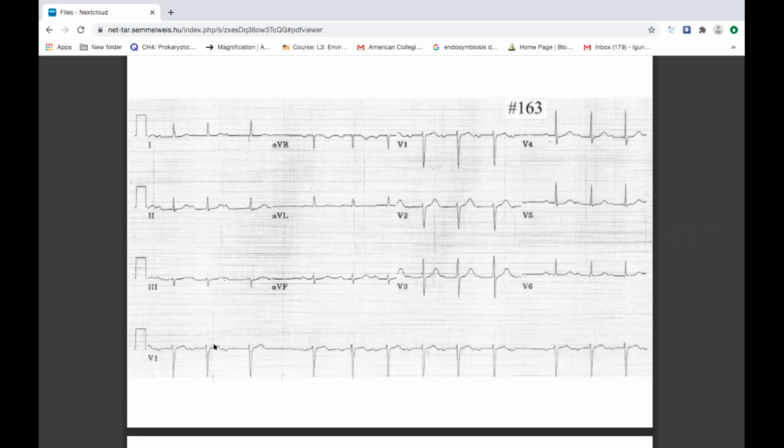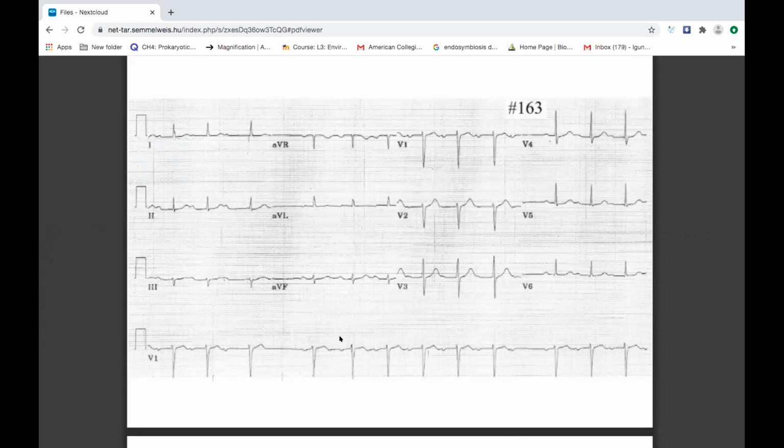The first two are okay. After this, not, but the other ones are okay as well. That's why it's Mobitz type 1 AV block. It's true, that's a Mobitz type 1 AV block.